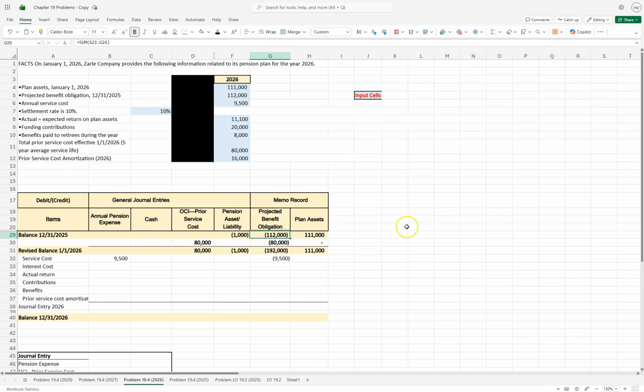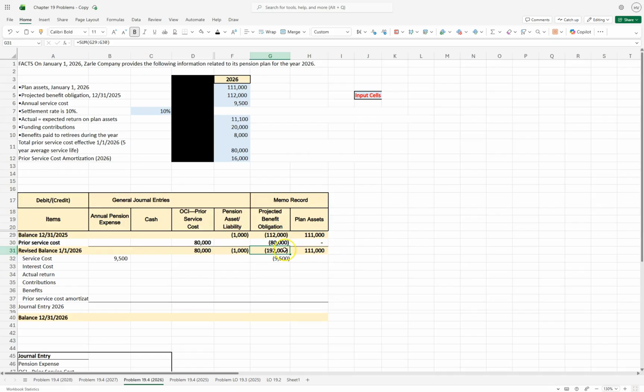because we were given a 12/31 balance of 112,000, but we increased it for the prior service cost of 80,000. Oops, I forgot to put this right there. I'm just going to call that prior service cost, not amortization. And so our revised beginning balance on 1/1/26 is 192,000.